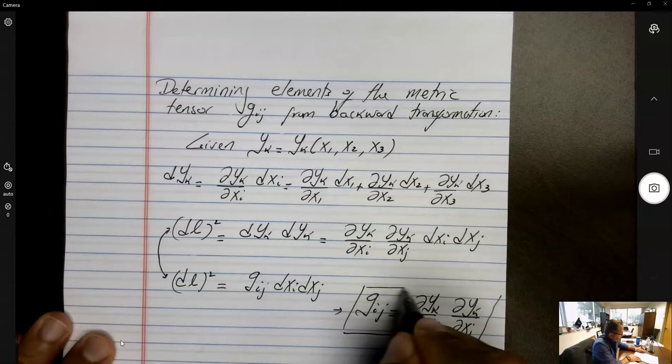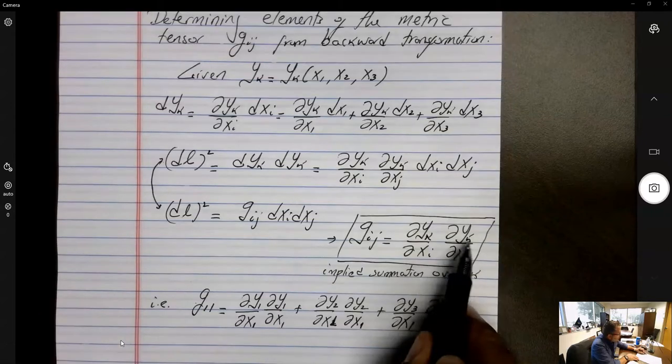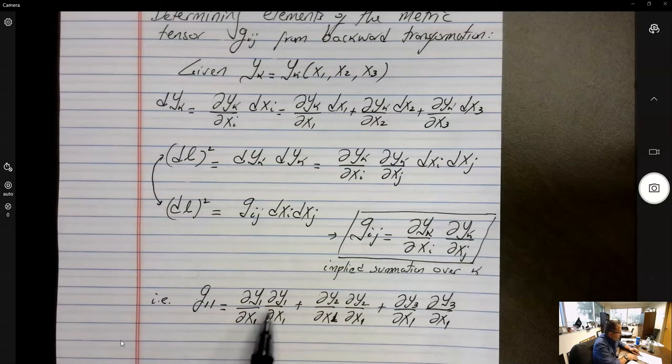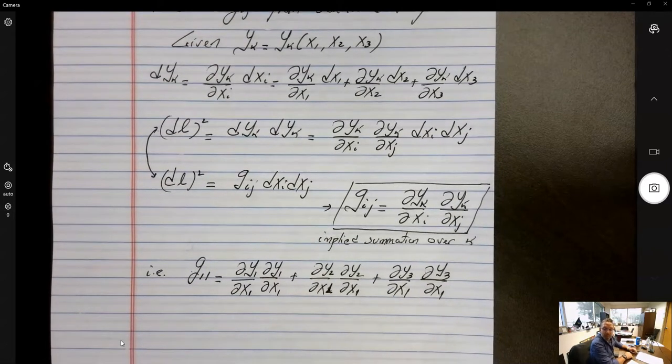So notice that the summation that is implied is over k. Okay, so we'll take the first coordinate of the Cartesian system, backward transformation, differentiate with respect to x1, the second coordinate with respect to x1, the third coordinate with respect to x1, square all of them, and that will provide you the first element of the metric tensor.